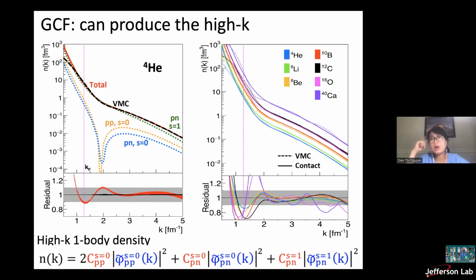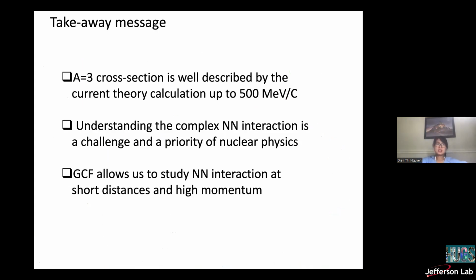So I hope I can convince you that the contact formalism is working well. So with this, I think the message to take away from this lecture is that the A equal to 3 cross section is well described by the current theory calculation up to 500 MeV.